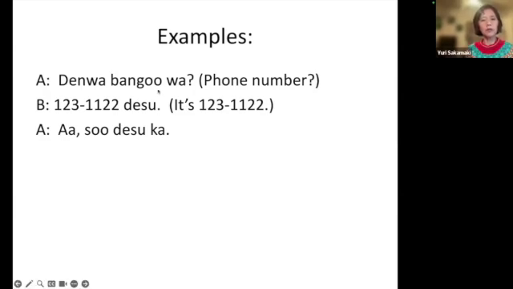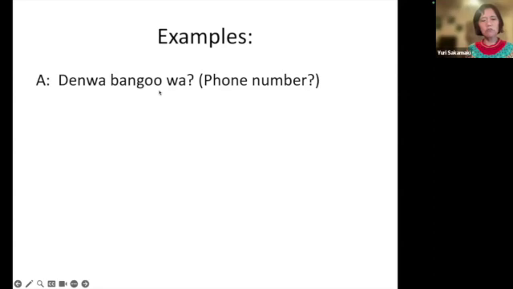So this is a very polite, sophisticated way of asking questions. But if you want to say the whole thing, what is your phone number? Then you can say, do you remember how to say what is it? 何ですか? Right? So you can say, 電話番号は何ですか?